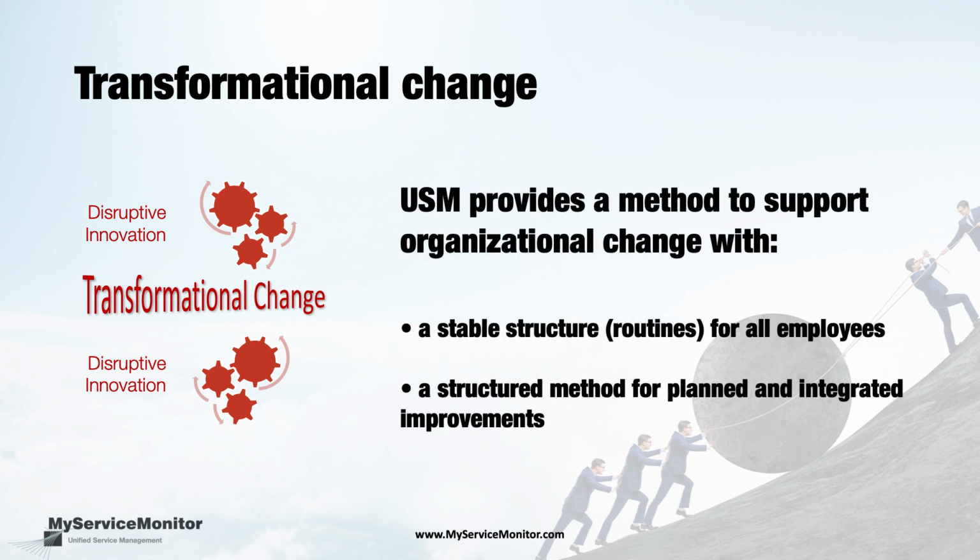The USM management system provides all service teams with a stable structure for developing and maintaining their routines using whichever combination of practice guidance is needed, and a method for planning and implementing improvements in an integrated or systems thinking way.